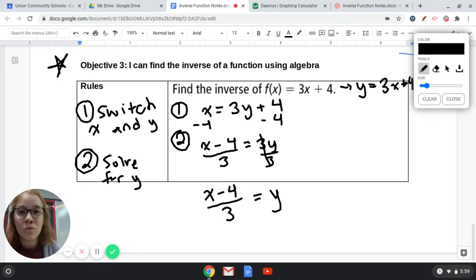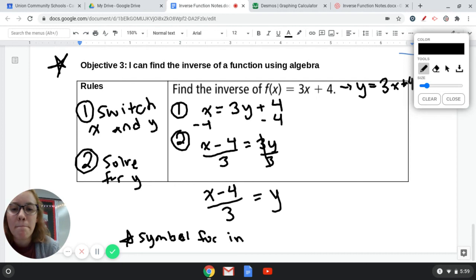Now I'm going to introduce some new notation. The symbol for inverse, I'll put this as a star here. The symbol for an inverse function is f with a little negative 1, which is not an exponent, but it looks like one, of x.